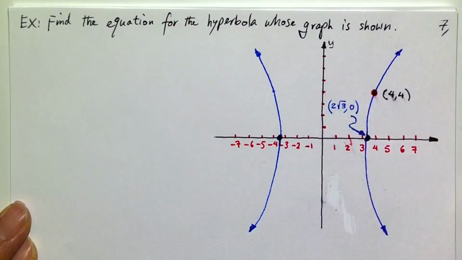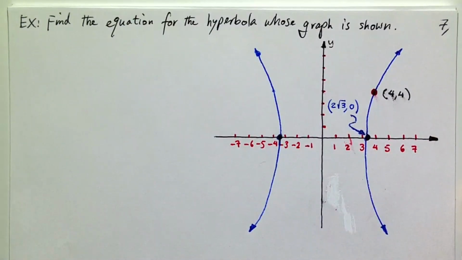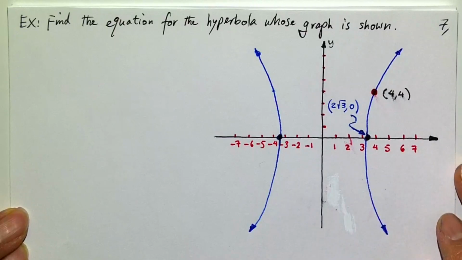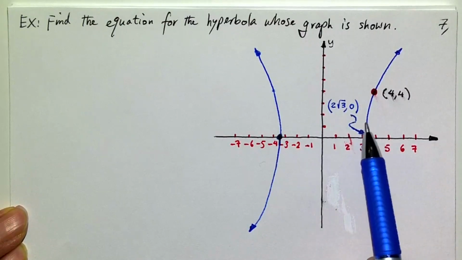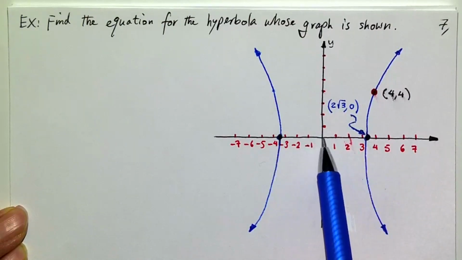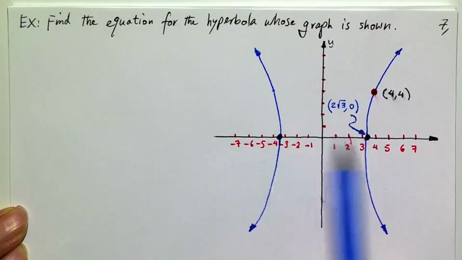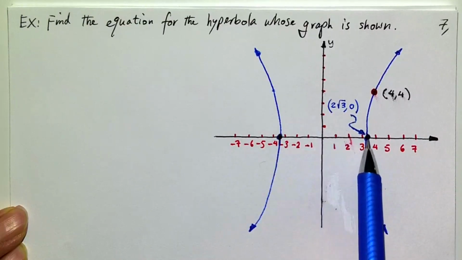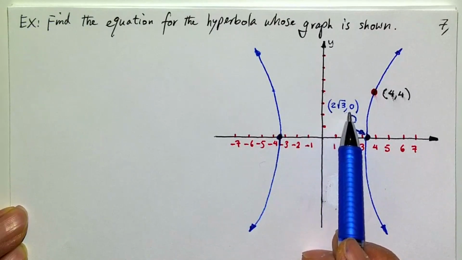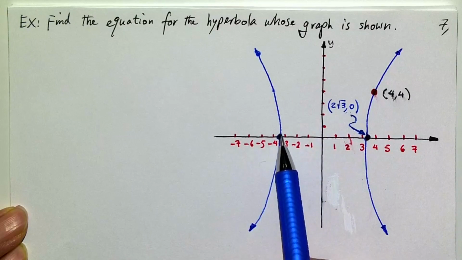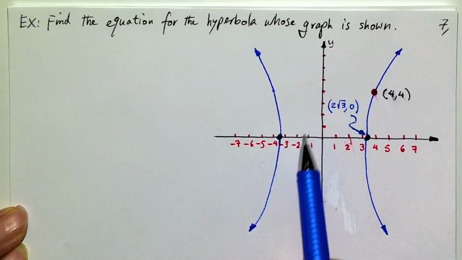So the graph is already given to us, and we're supposed to find an equation for this hyperbola. The things that are worth noting immediately is the location of the vertex. Notice that the center is at the origin once again. The center of this hyperbola is at the origin. The vertex, one of them is given to us. It's 2 square root of 3 comma 0. So the other one must be negative 2 square root of 3 comma 0.